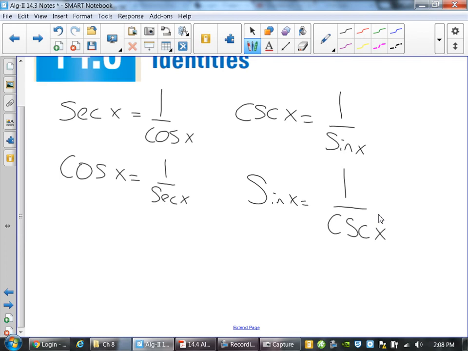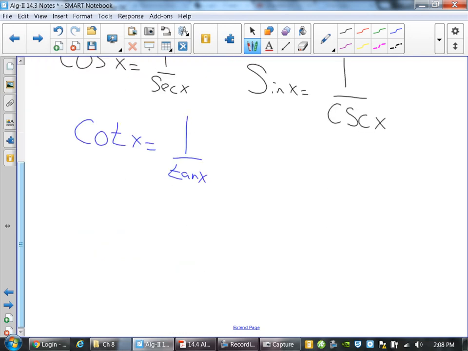What's the inverse of tangent? So cotangent is 1 over tangent, which means tangent is, there you go.